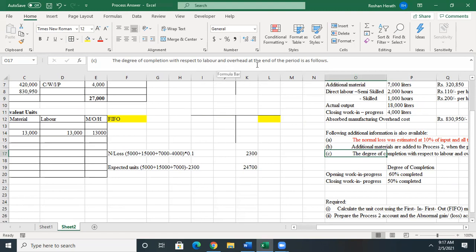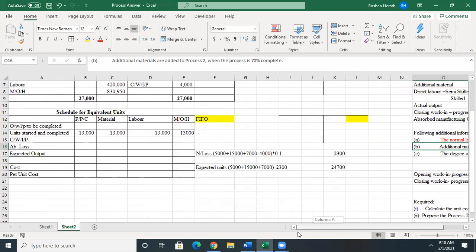Labor සහ overhead සම්බන්ධයෙන් අපේ opening WIP complete වෙලා තියෙන්නේ 60%. ඒත් අපි දන්නවා additional material අපි add කරන්නේ කොතනද? Process එක 70% complete වුණාම. ඒතර පුතා logically හිතන්න ඕනේ when it comes to this opening WIP ඒකේ include වෙන්නේ නැහැ material තාම. මොකද material අපි add කරන්නේ once it is 70% completed.